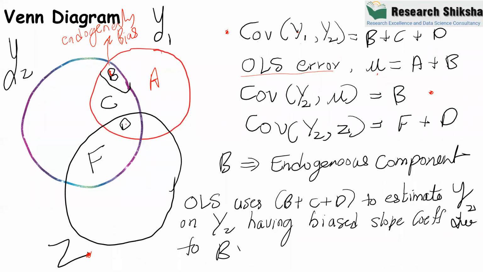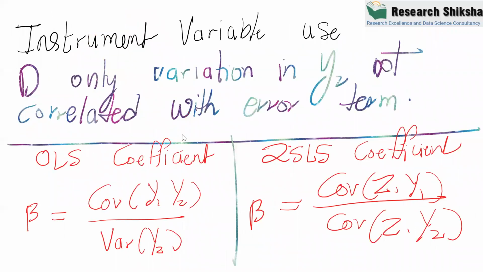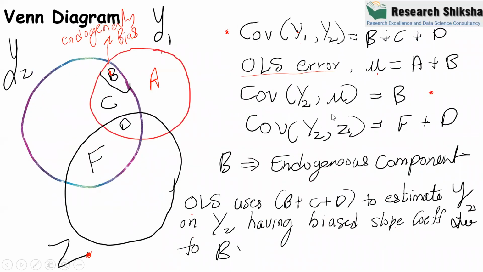So here this OLS, which is using B plus C plus D to estimate Y, has a biased slope coefficient, which is replaced by the instrumental variable, which uses only D, the variation in Y2 not correlated with the error term, right? So this portion is actually that proportion of the Y2 which is not correlated with the error term. So this variance will replace the endogeneity biasness in the model, right?